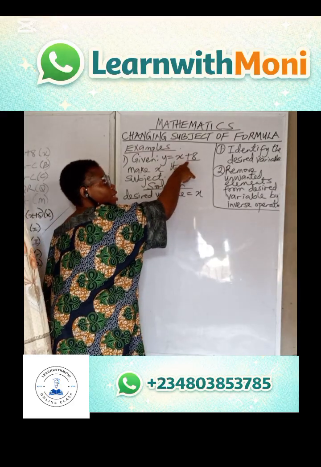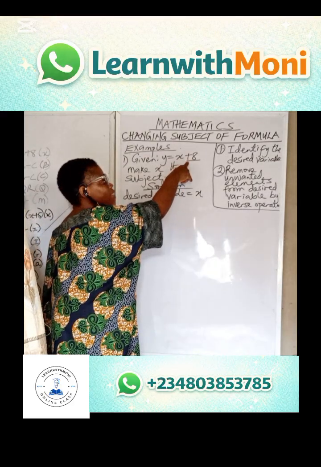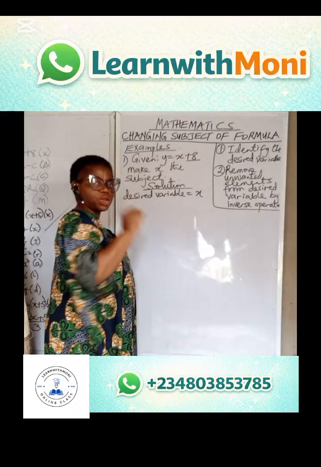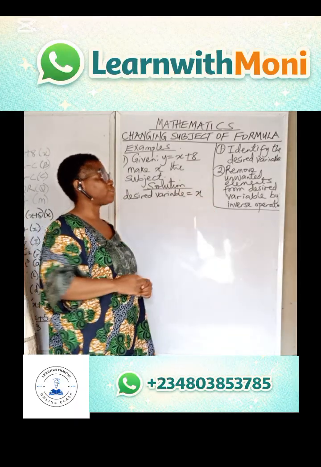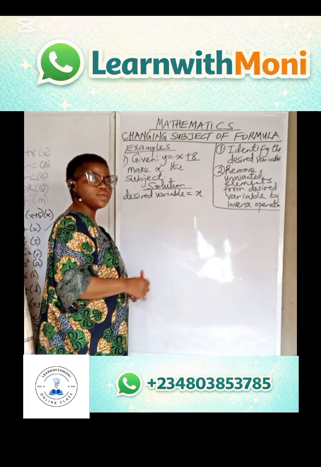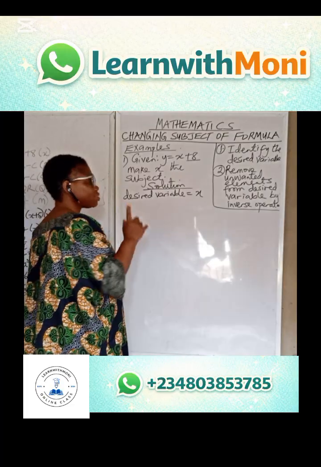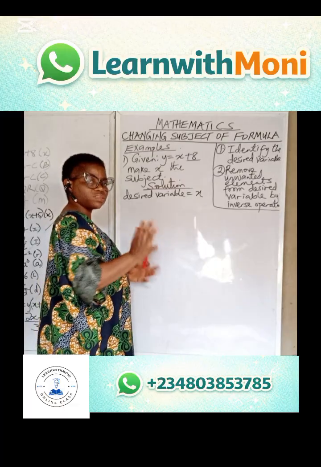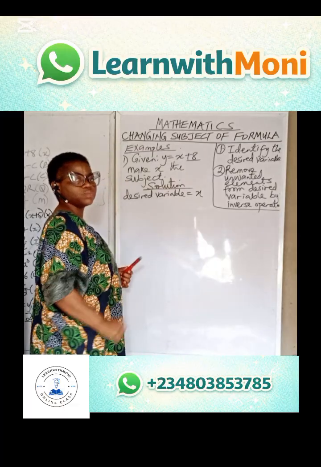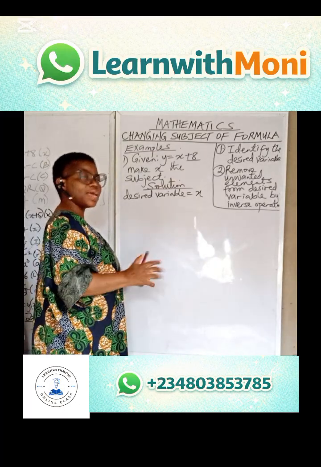The operation between x and 8 is plus addition, so we are going to take the inverse operation, which is subtraction. That is how to remove the 8, which is the unwanted element, from x, which is the desired element.